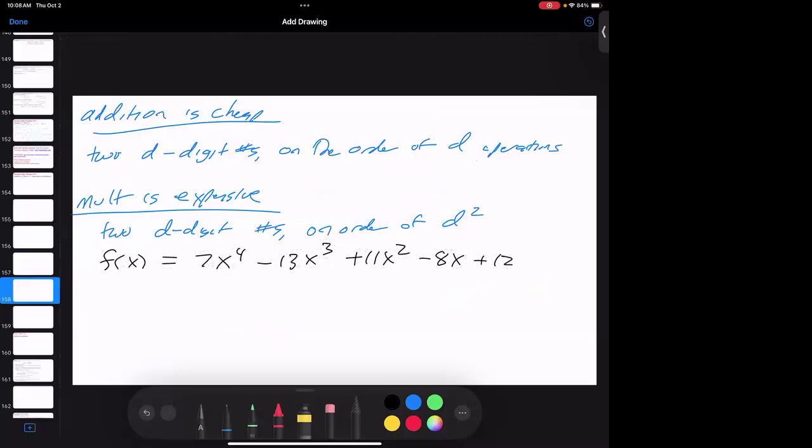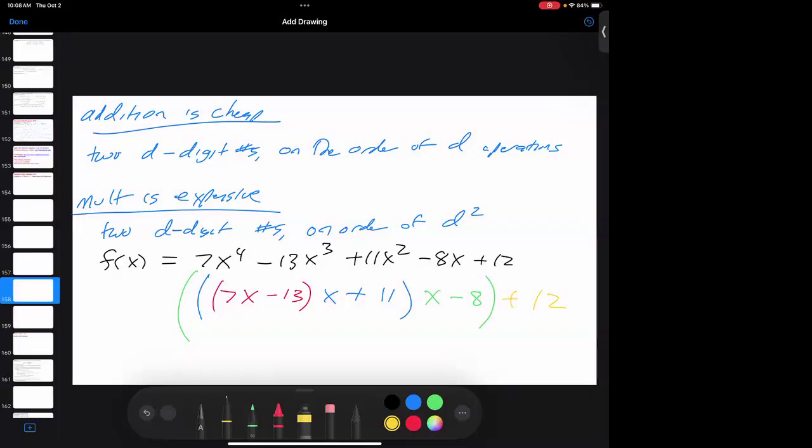All right, so here's my function. Here's a better way to evaluate it. 7x minus 13, times x plus 11, times x minus 8, running out of colors, plus 12.